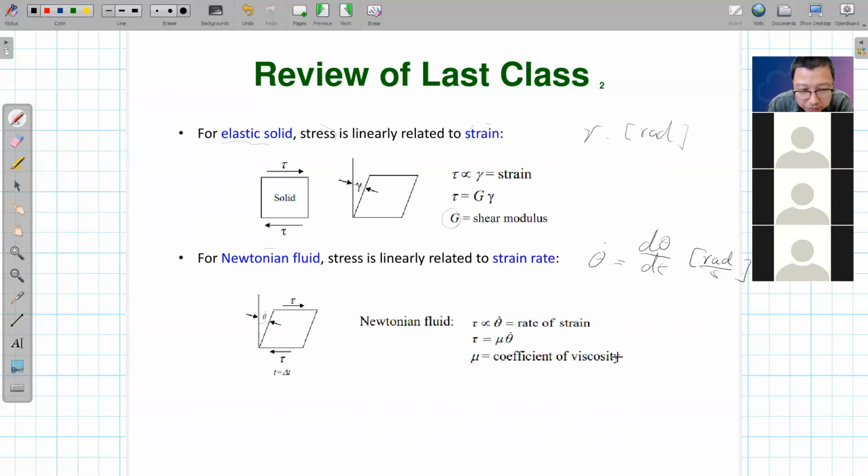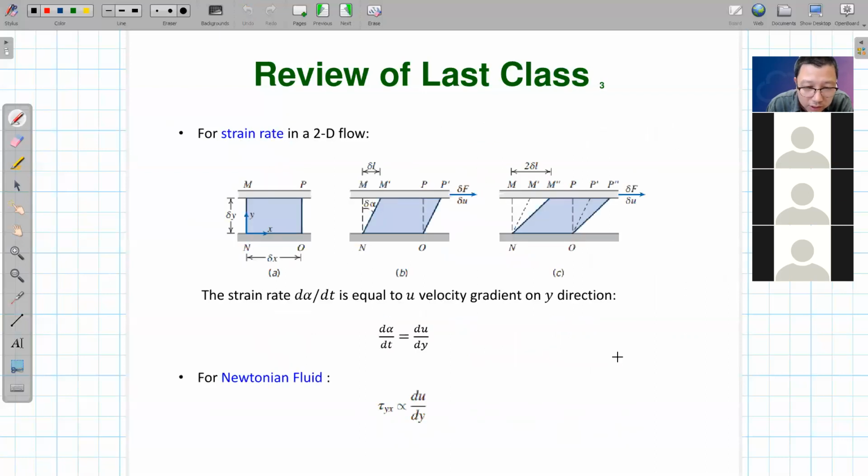We were introducing the mu. And additionally, in the last class we calculated the strain rate in a very simple 2D case. This is a 2D problem, you have X here and Y here, a fluid between two plates, and the top plate is suddenly moving with a velocity. Here I'm using alpha, which is still the angle.